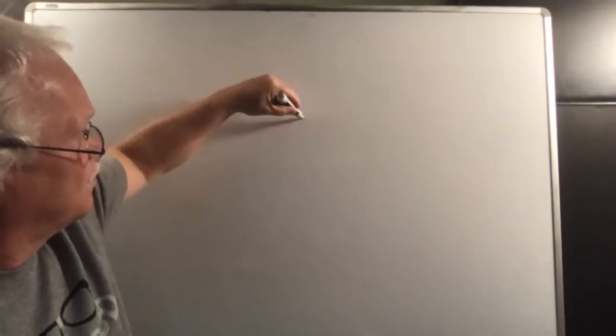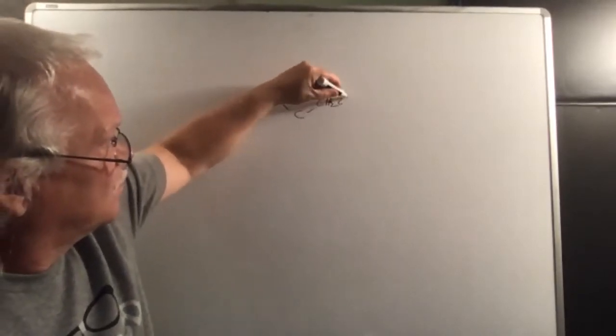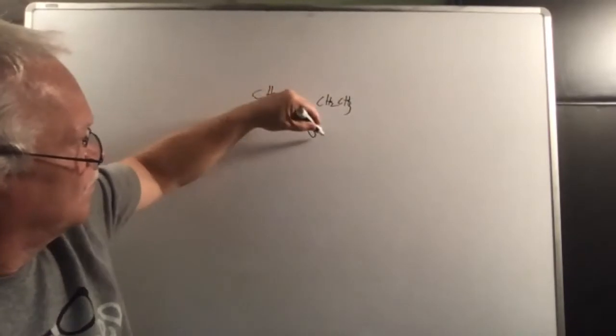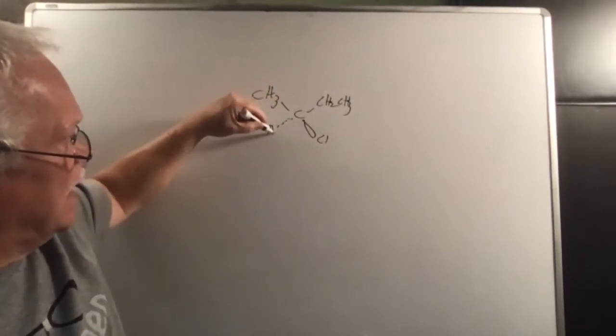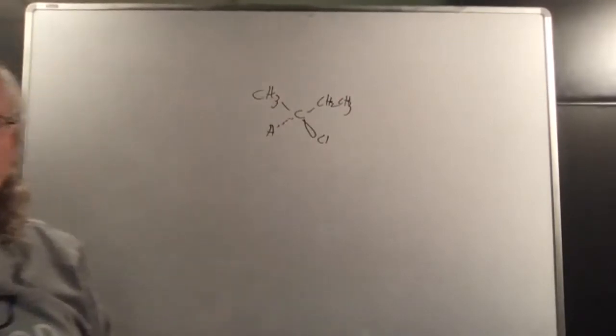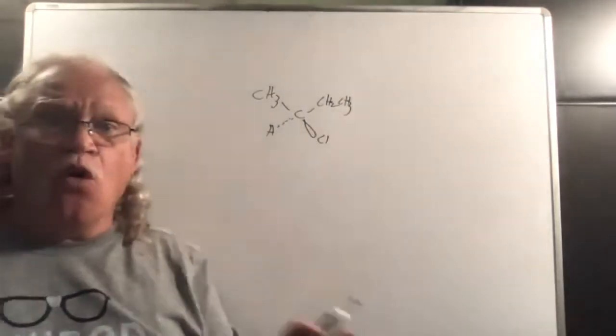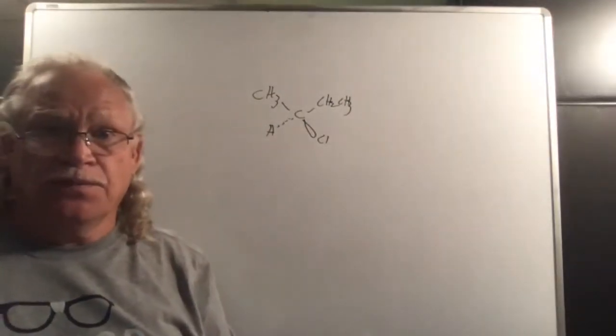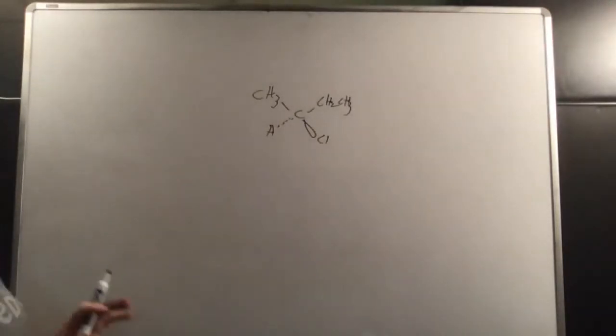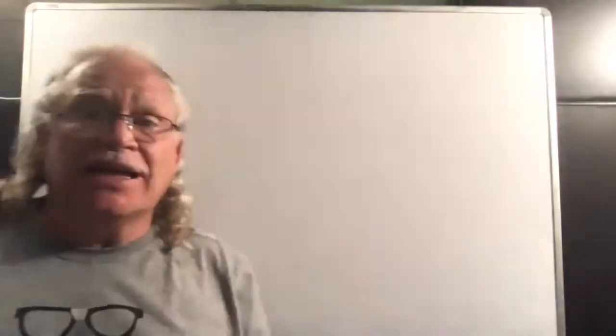If we look at this compound, and let's just look at a carbon compound, and I would ask you, is this carbon chiral? And you would say, yes, this carbon is chiral because it has 4 different groups attached to it. And since it's chiral, we can have the R and the S enantiomers.